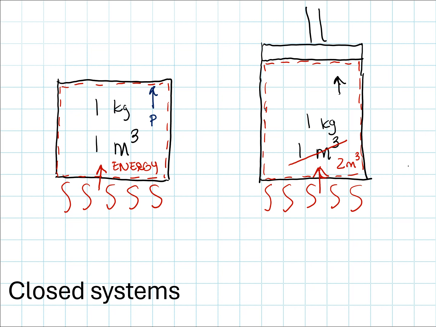Both of these examples that I've given are examples of closed systems. The different behavior that we observe is only happening because one of the closed systems has a fixed boundary over here, and the other one over here has a movable boundary.